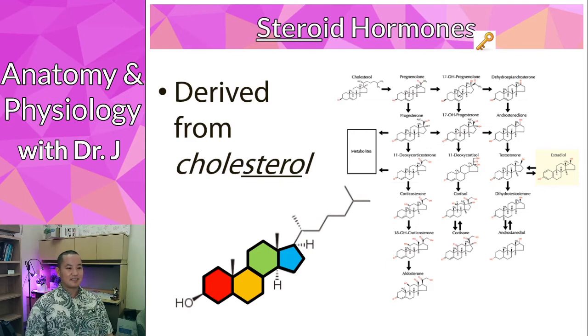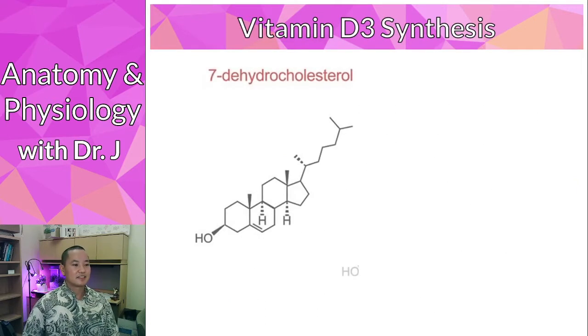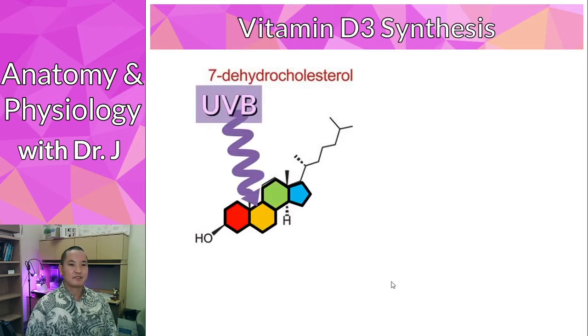You have a steroid. Now with vitamin D3, how do you make vitamin D3? The interesting thing is that you have this steroid right here. You still see those 4 rings, the 3 hexagons and a pentagon. But what we have here with vitamin D3 is that you have UV rays coming in. Remember, ultraviolet rays, these photons carry energy.